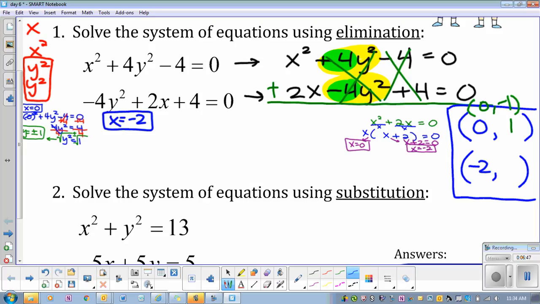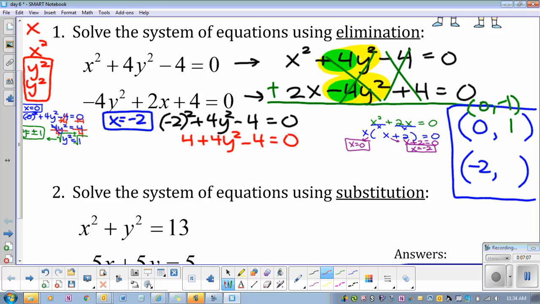Doesn't matter which one we plug it into. So negative 2 squared plus 4y squared minus 4 equals 0. Yes? What is negative 2 squared? 4. 4 plus 4y squared minus 4 equals 0. What's 4 minus 4? 0.